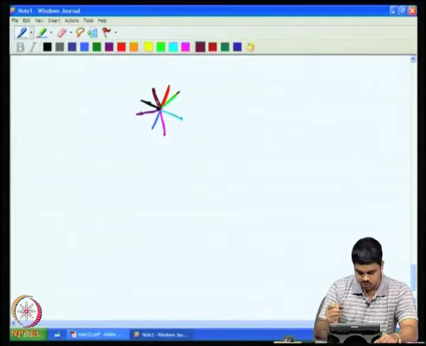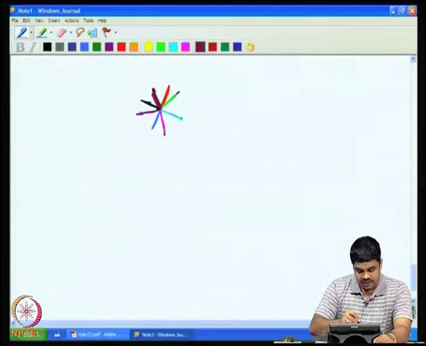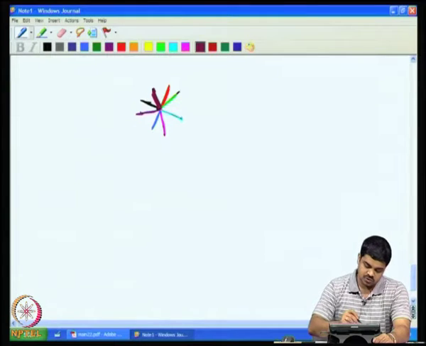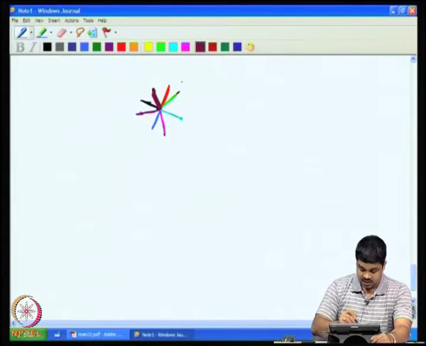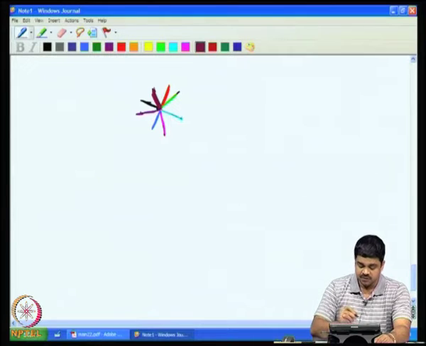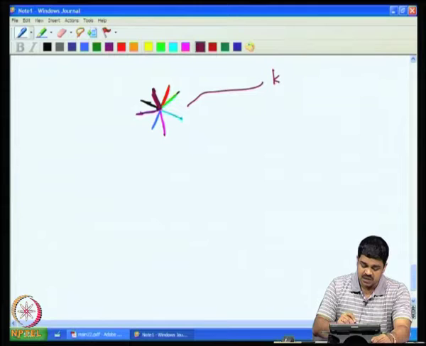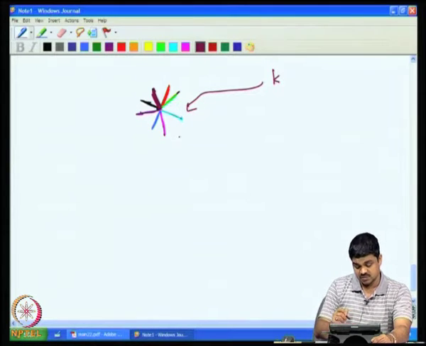All the edges should be different, and we know this by the properness requirement. But if we are using only k colors, then all the k colors have appeared here, not even one color is missing.